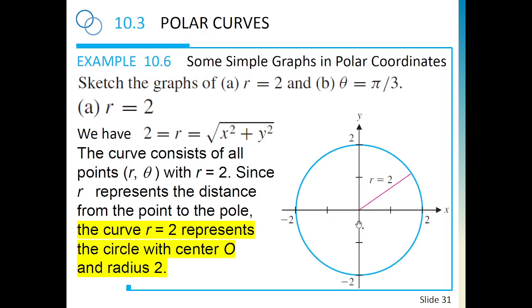So it's much easier to write the equation of the circle as a polar equation compared to the Cartesian equation, because you would need to write x squared plus y squared equals 4. But here it is only r equals 2. Simple.